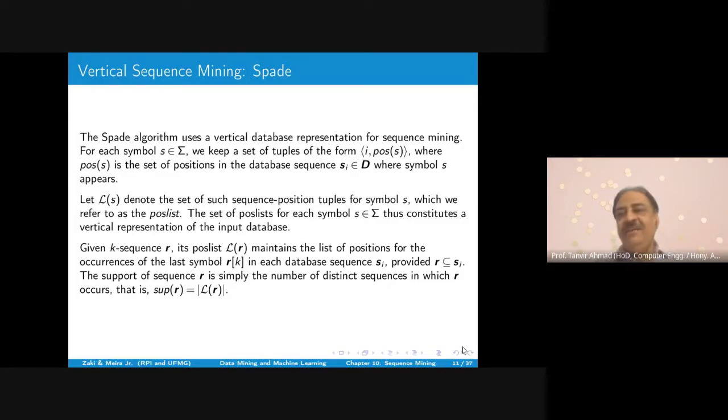Now, if I ask you how to convert a horizontal to a vertical database, it only requires one scan of the database, where you read the horizontal database transaction by transaction and keep putting it in vertical format. How will you do it? It's so simple. You take the first transaction, suppose it contains I1, I2. You maintain all the transactions as a column in the vertical database.